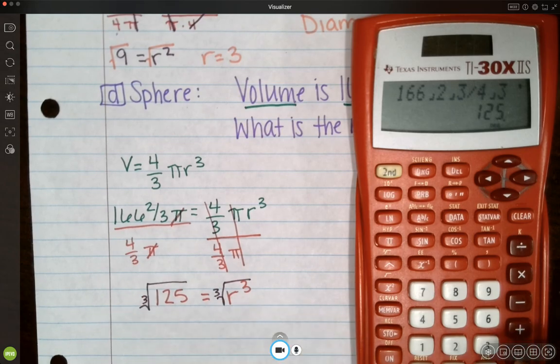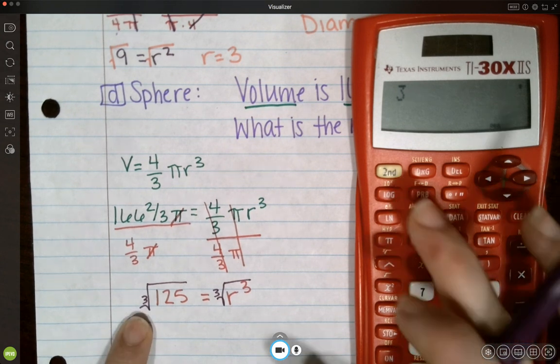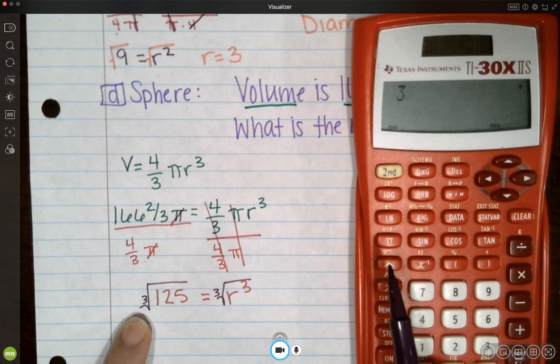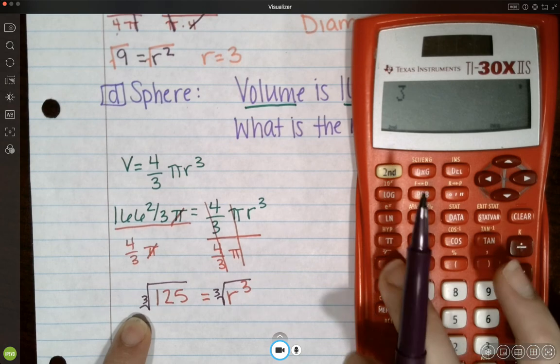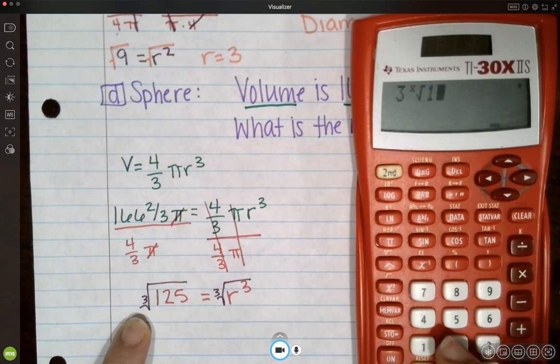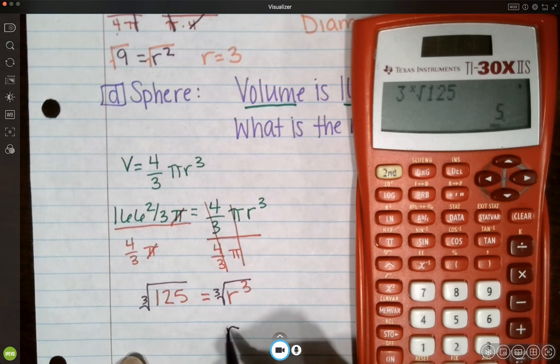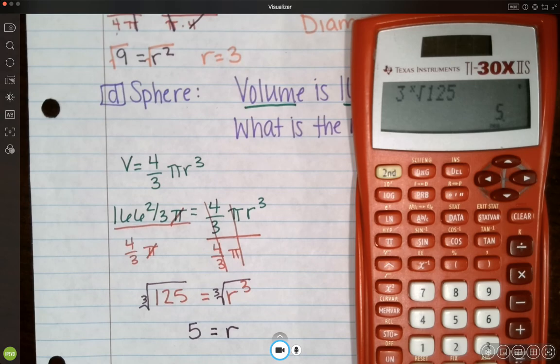To find the cube root, we're going to type in that 3, because we want that little 3. We're going to type in second, and then we're going to type this caret, because we want that opposite feature. And then we're going to type in what we have on the inside, 125. So that means my radius of this sphere had to be 5.